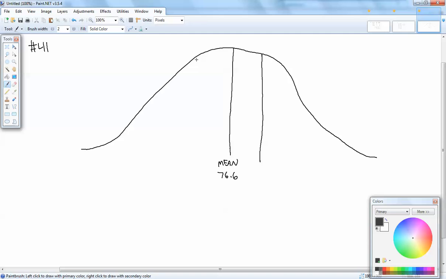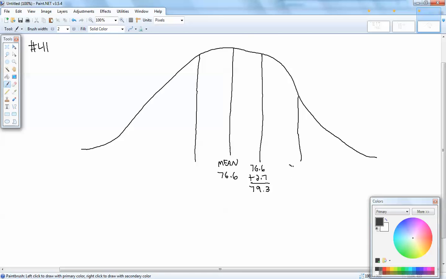Now we add the standard deviation over and over. So here we're going to add one more standard deviation. So we're going to take our 76.6, our mean, plus one standard deviation, and standard deviation is 2.7. So that gives us 79.3.